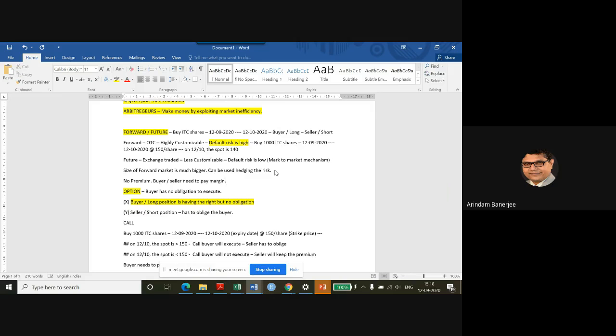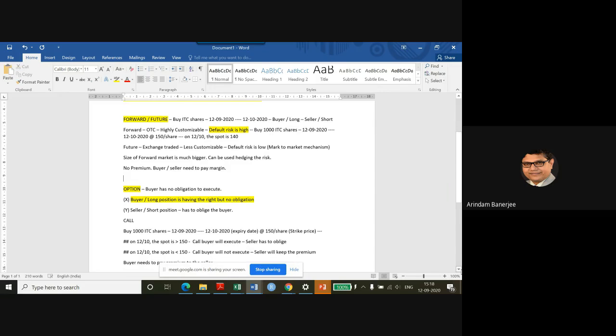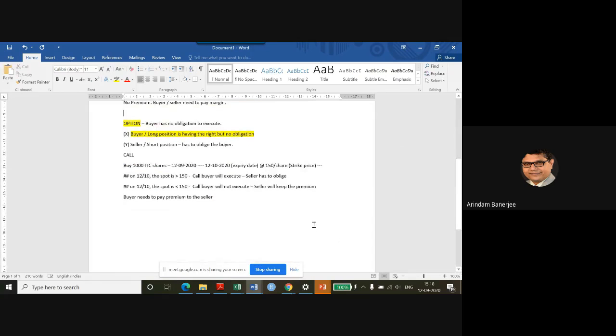But in case of options, the buyer needs to pay the premium. This premium, how can I arrive at how much premium the buyer needs to pay? So there must be some calculation, right?